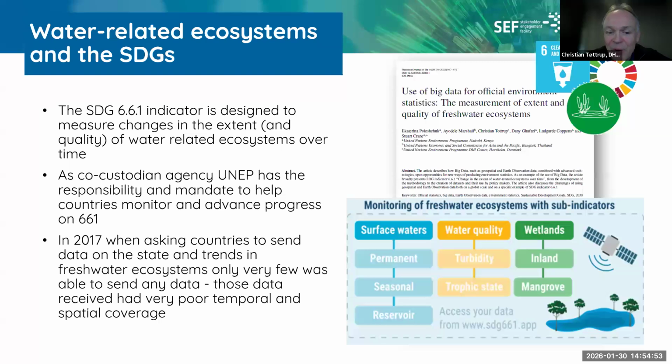But in essence, very few countries were able to provide any data, and those who did provide data, it was quite poor in terms of temporal and spatial coverage. So clearly something needed to be done in order to report on this indicator globally.